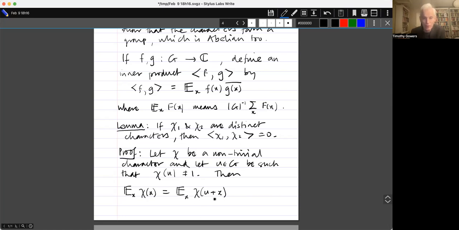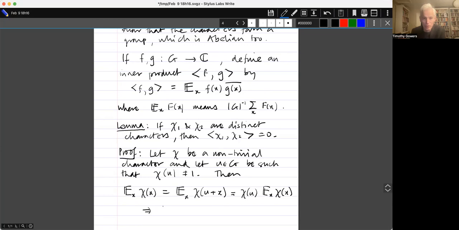Slightly clearer to use additive notation, or is it? I don't know. But anyway, chi of u plus x, because chi is a character, equals chi of u times chi of x. So we can take out a chi of u.